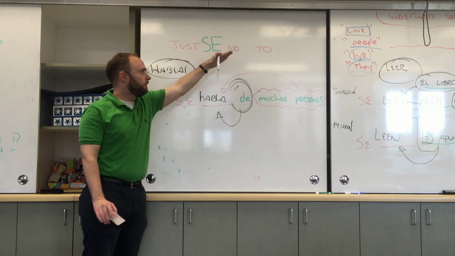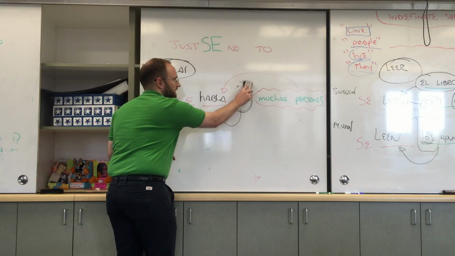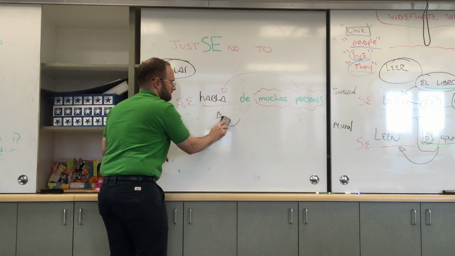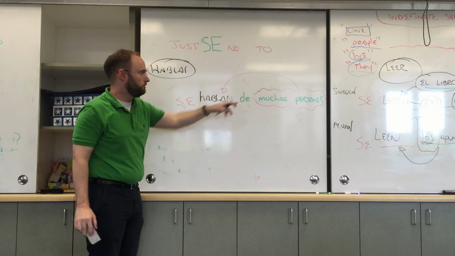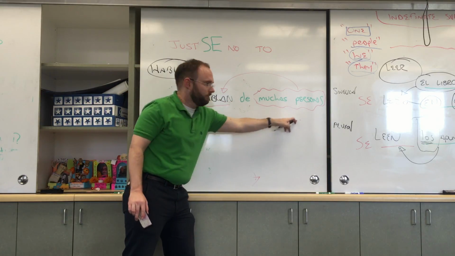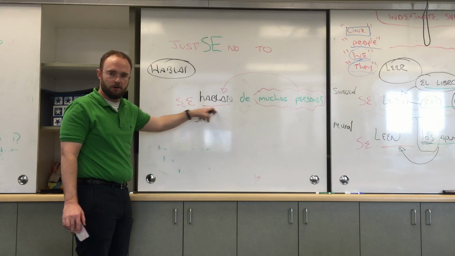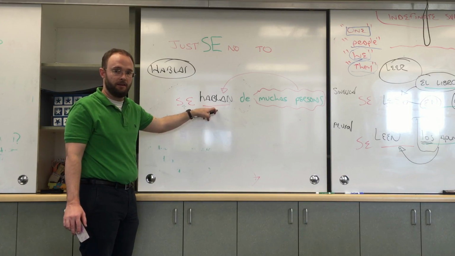So a dumb way to remember all this is really dumb. Just say no to forgetting this thing. Just say no to taking that plural noun and using that to make the verb plural. Just say no to that.